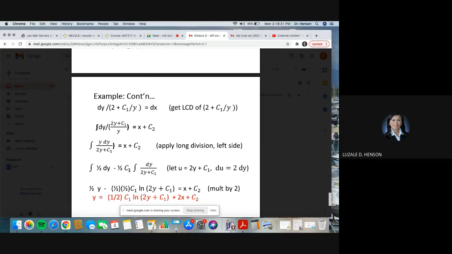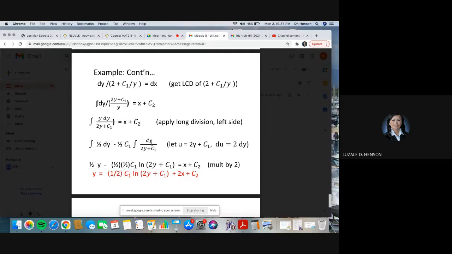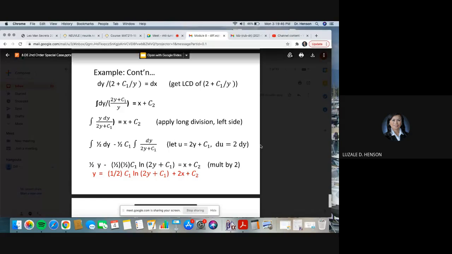Part of the remainder siya. So 1/2 C sub 1. And then you let u be equal to the denominator. Let u be 2y plus C sub 1. Derivative of that is 2 dy. So you have du over 2.